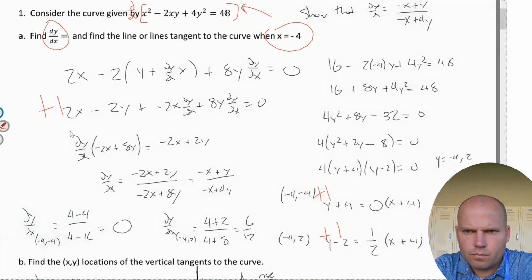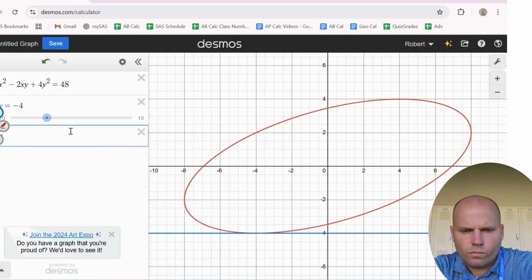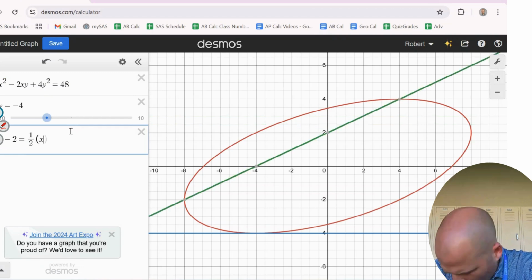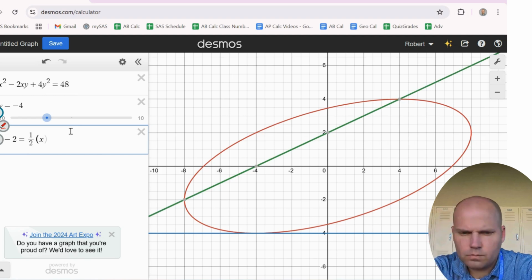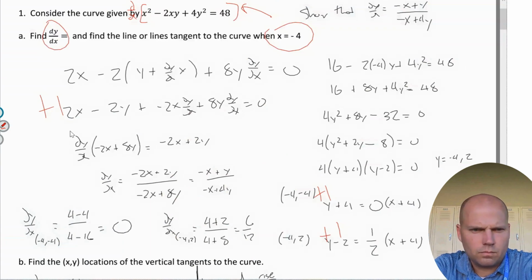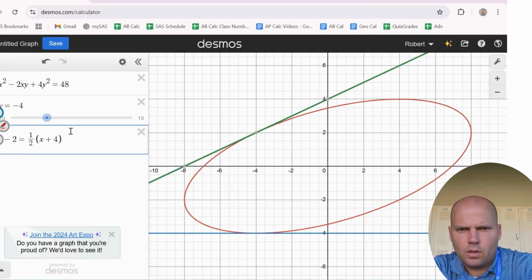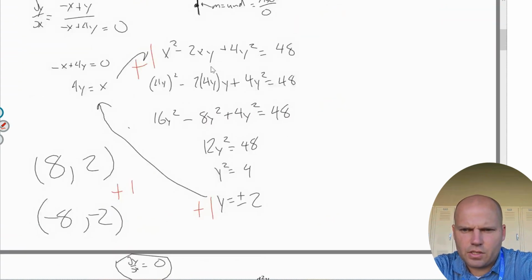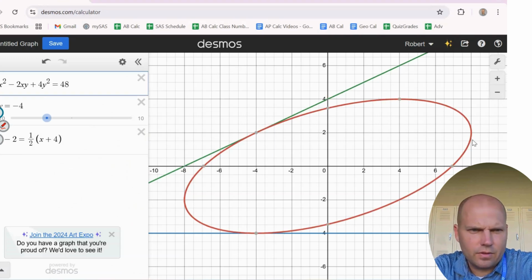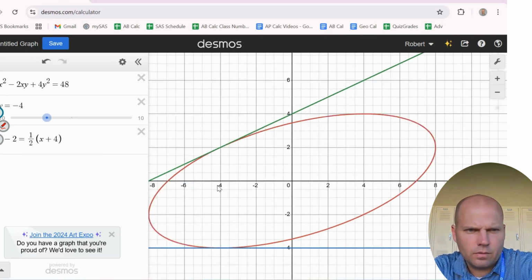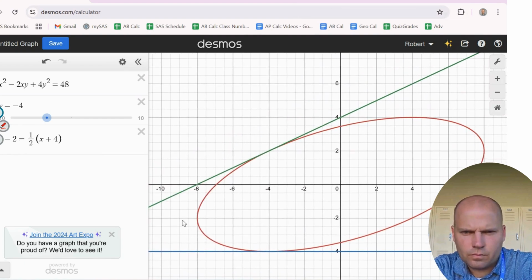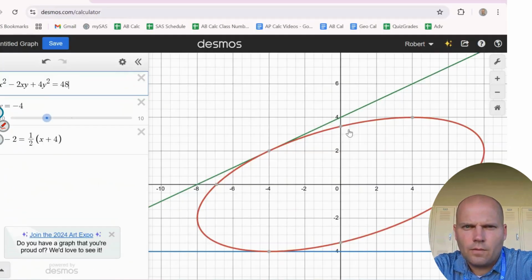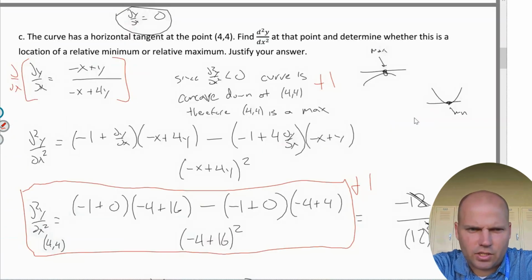Yep. Yep. Good start. Vertical tangents: 8, 2 and 8, -2. That looks good. Okay. 4, 4 looks to be a max. That's good.